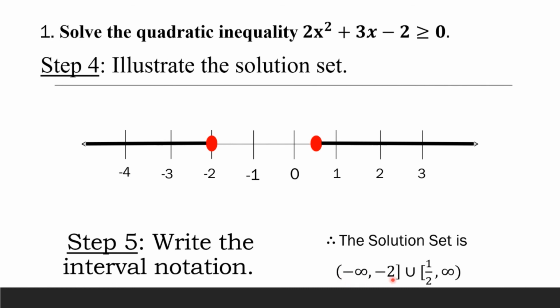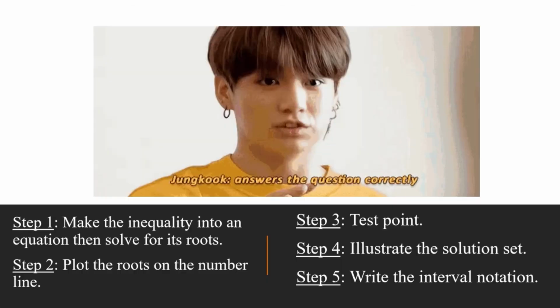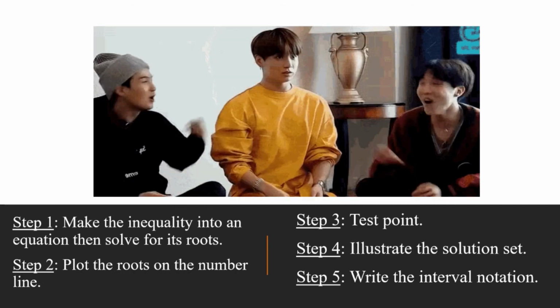For negative 2, we are using the bracket since negative 2 is included in the solution of the given inequality. Same with 1/2, it is included in the solution. And for the positive infinity, parenthesis since it does not contain endpoints. So that was example number 2.